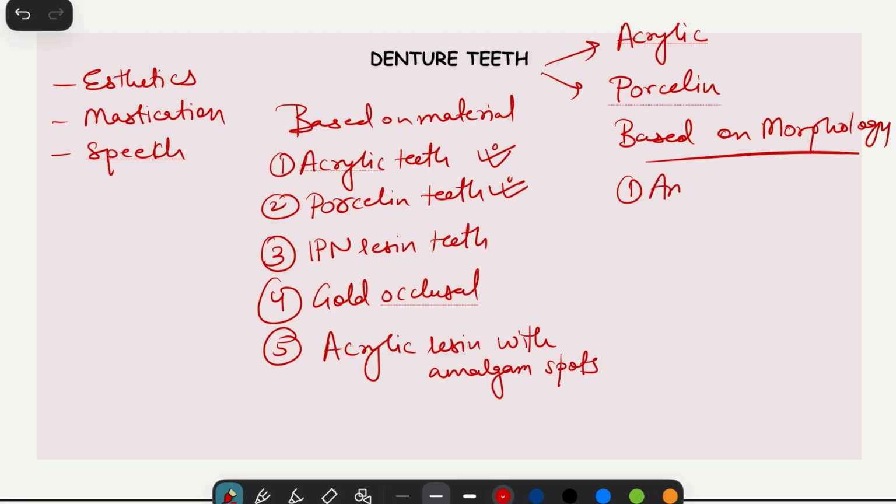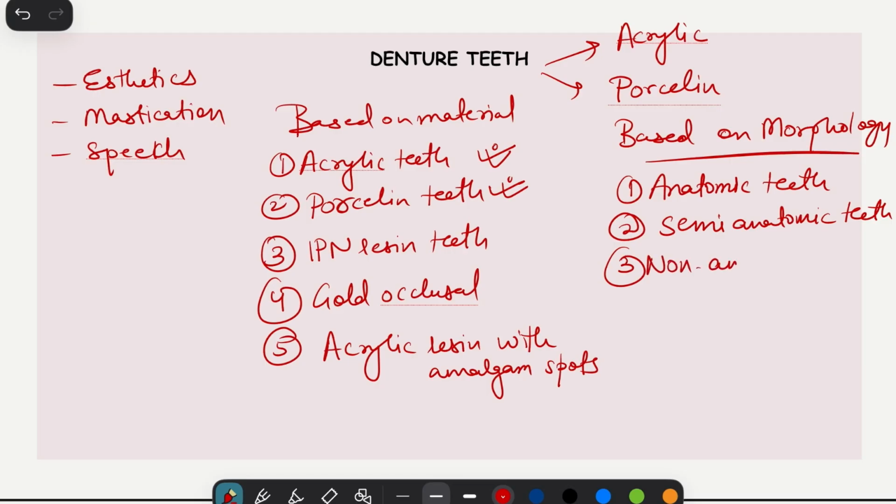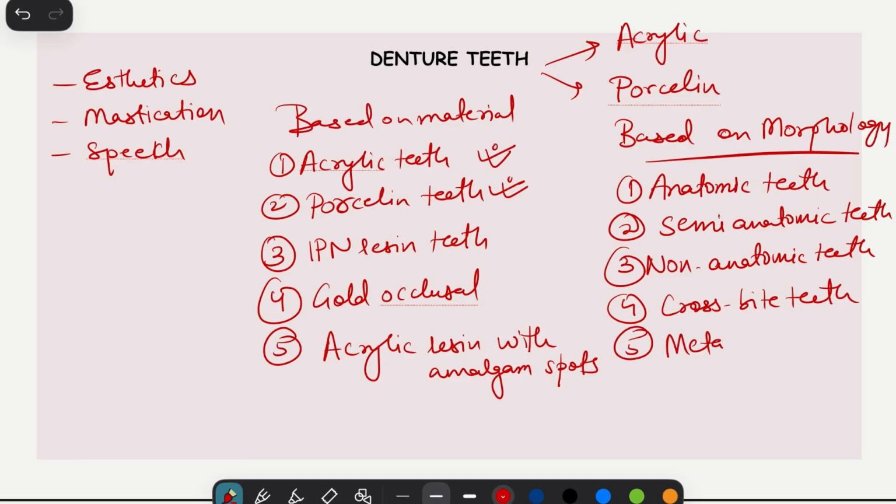We have anatomic teeth, semi-anatomic teeth, then non-anatomic teeth, crossbite teeth, and metal insert teeth.